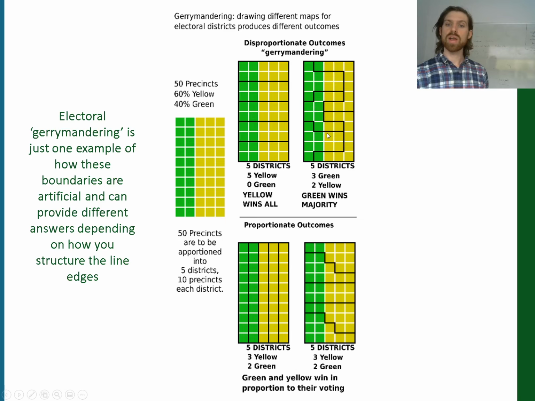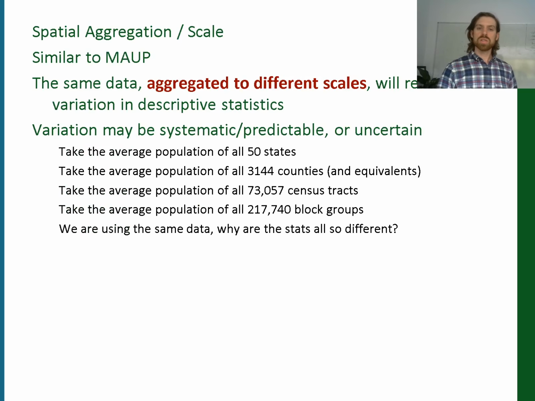But if we look on the right-hand side here, where the boundaries have basically been gerrymandered, although it's the same voting preferences overall, actually the green wins the majority here. So this is really important. And there's a second example just down here. But essentially, this is a very real problem. Some people use it to take advantage of the system, essentially. So that's the zoning issue.